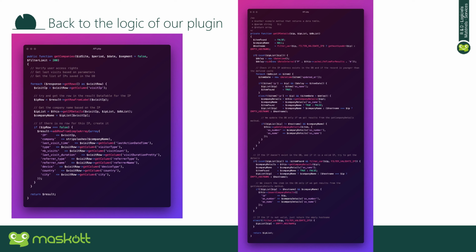So we collect the visits, we loop through them, and for each visit, we get the details of the IP address. And here is the get IP details method. We check in the database if we have already collected information for this IP. So we use the cache that we created. And if there is no result in the database, we will send a request to the external API.